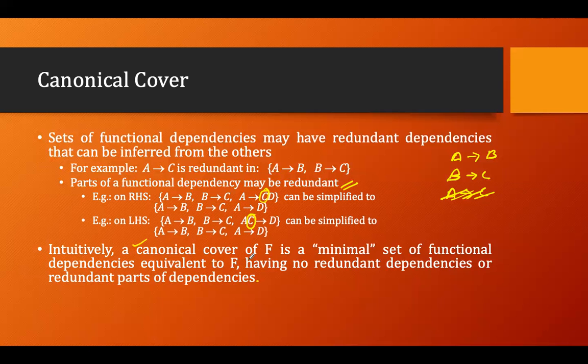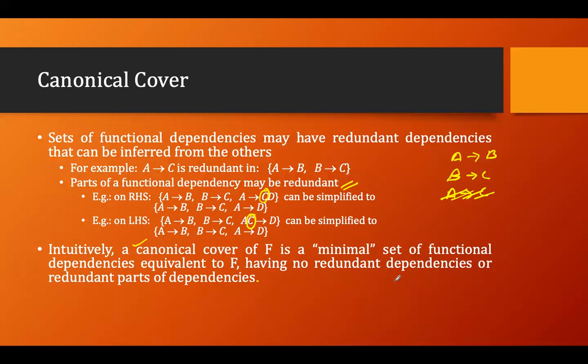It is a minimal set of functional dependencies, equivalent to the functional dependency set having no redundant dependency or redundant part of dependency. It means that no duplicate functional dependency exists, and the left hand side part and the right hand side part of all the functional dependencies will also not be redundant.